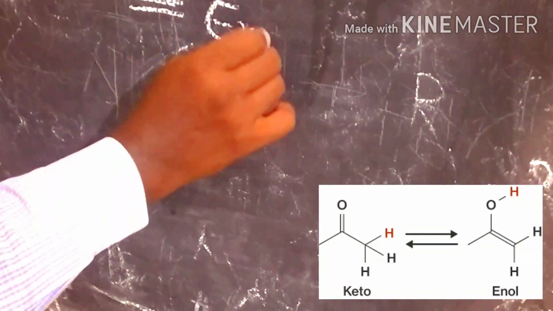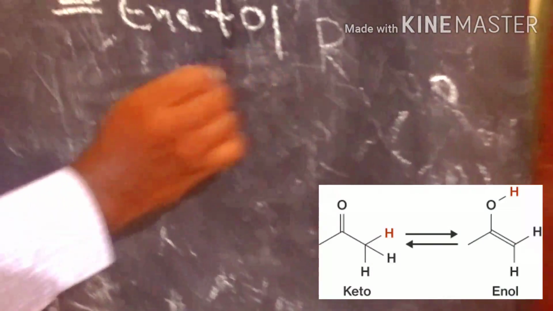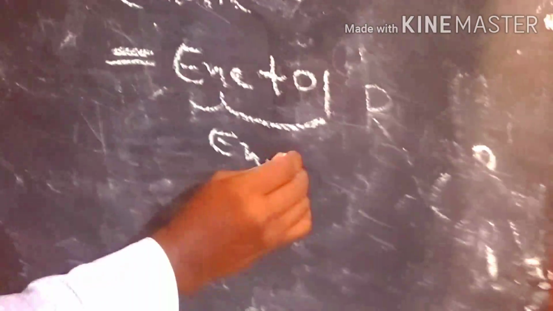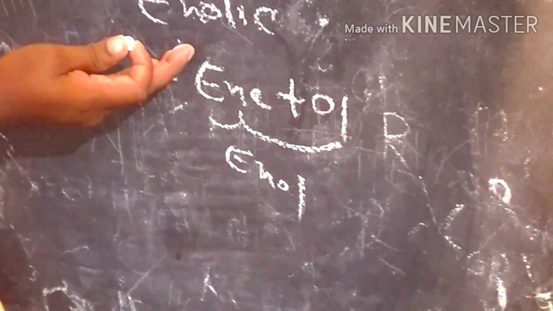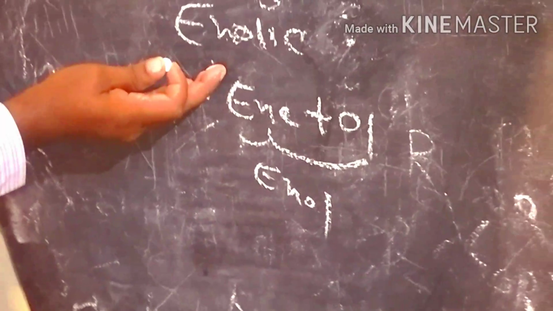Mono unsaturation we call an alkene, so what is the suffix? We use ene. For alcohol, what is the suffix? We use ol. That is why the combination we call the enol form. So the carbonyl form converts into the enol form with the help of the acidic nature of the alpha hydrogen. This is the enolic nature of acetaldehyde.